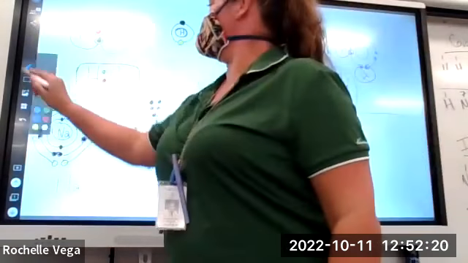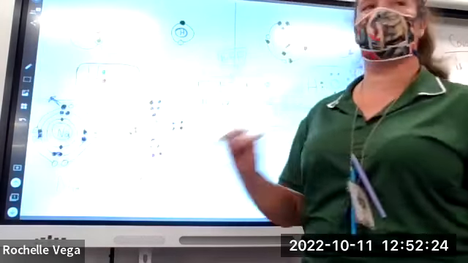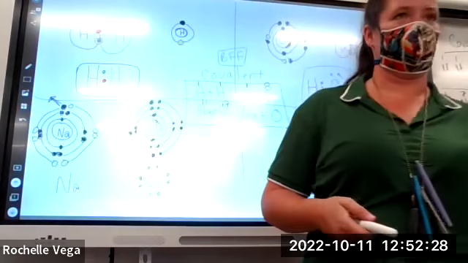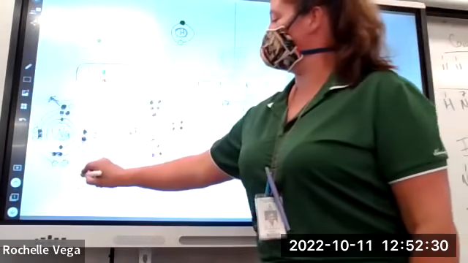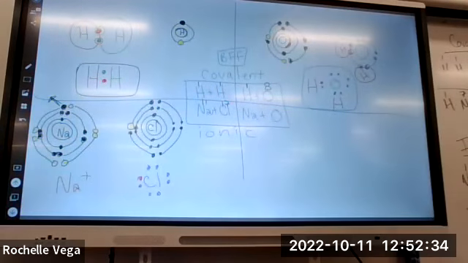When it does that, what we end up with is chlorine has 7 of its own electrons and 1 of sodium's electrons. The sodium now has a positive charge because remember, it used to be even, right? It had 11 pluses, 11 minuses. It got rid of one of the minuses.